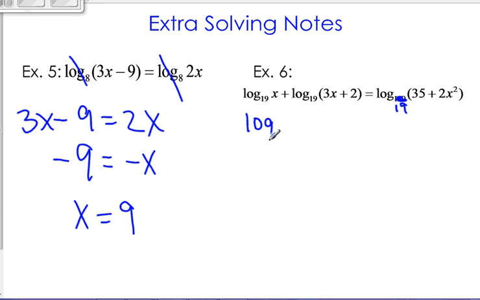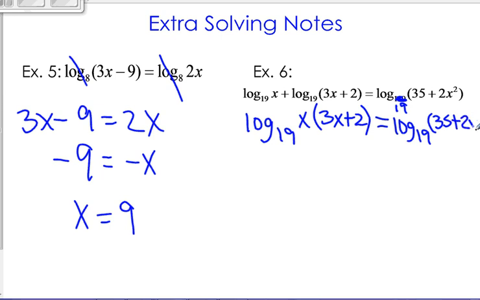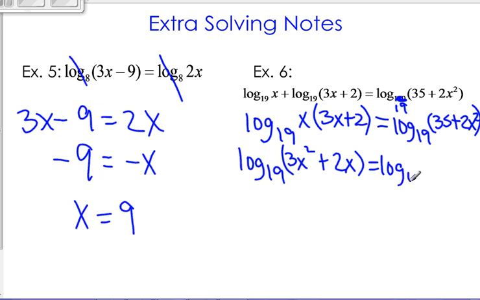So we're going to have log base 19 of x times 3x plus 2 equals log base 19 of 35 plus 2x squared. Okay, I'm going to multiply this out, so I'm going to get log base 19 of 3x squared plus 2x, which equals log base 19 of 35 plus 2x squared.